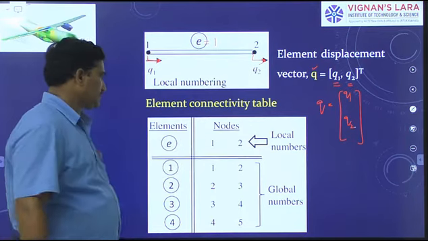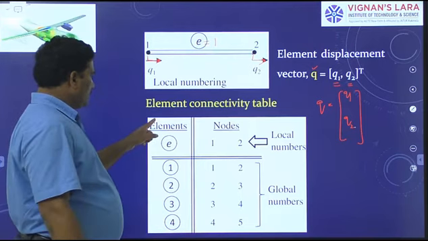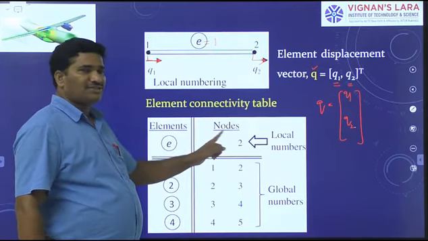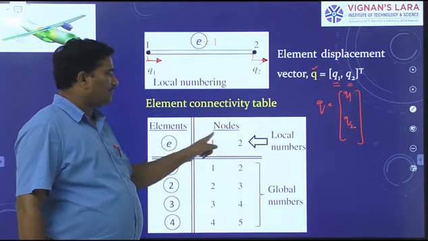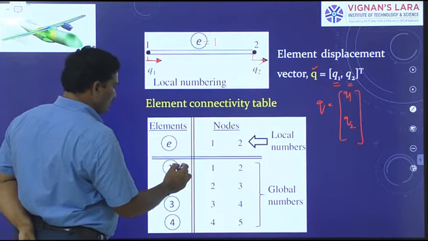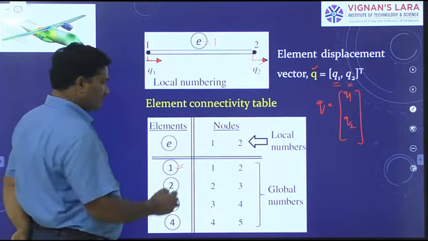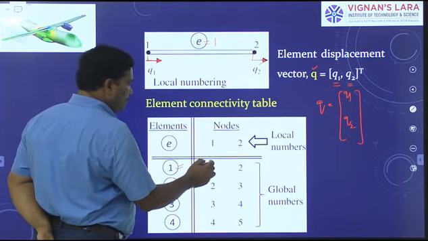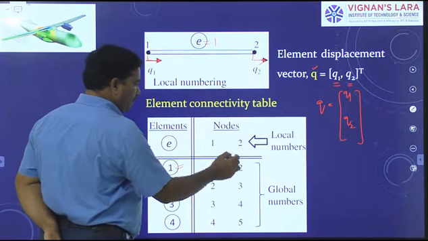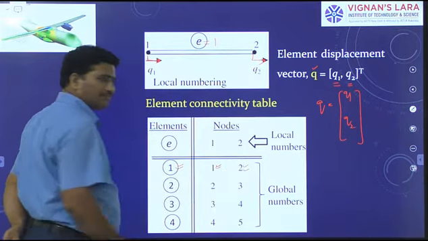When E equals 1, for the first element, the first node is node 1 and the second node is node 2.